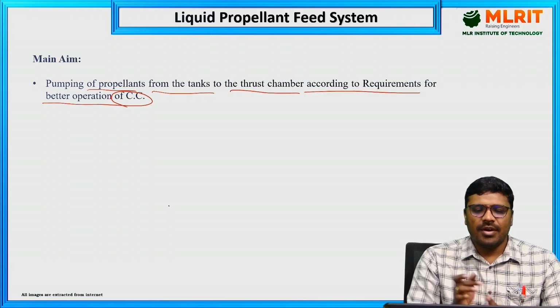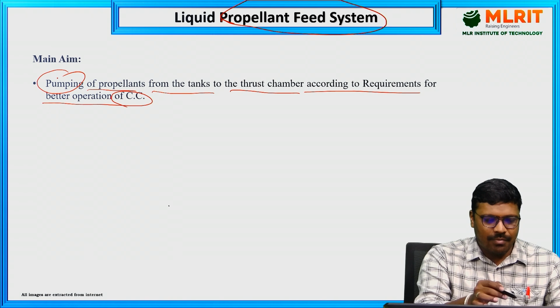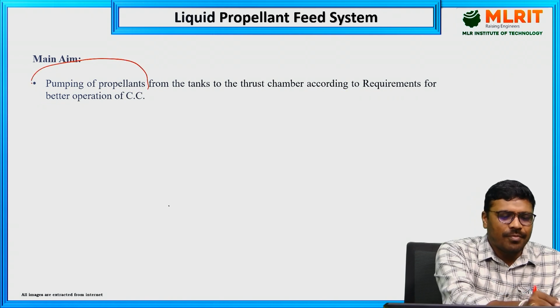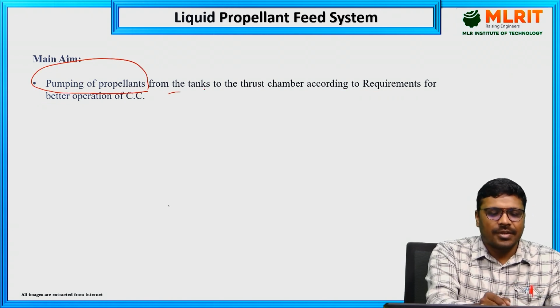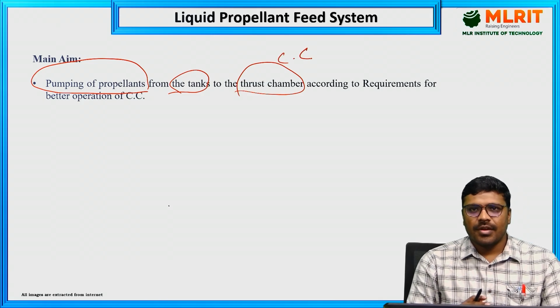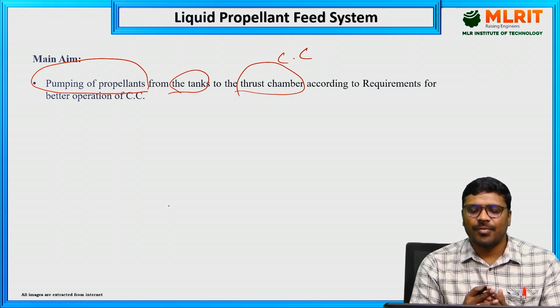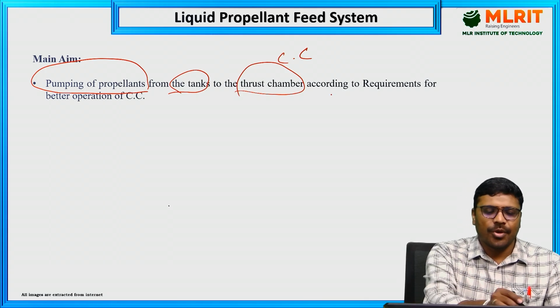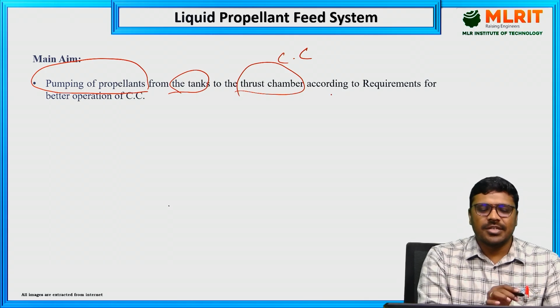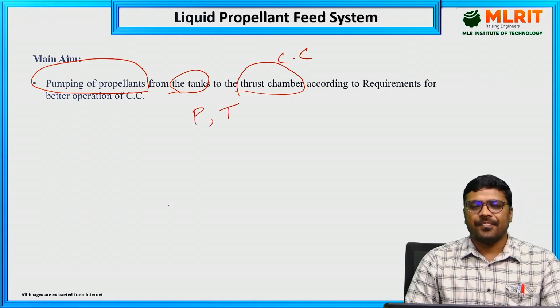So the main aim of the propellant feed system is pumping of propellants from the tanks to the thrust chamber, that is, the combustion chamber. Just pumping is not enough. We have to control the flow of propellants, and also we have to provide the propellants to the combustion chamber at the required pressure and temperature.